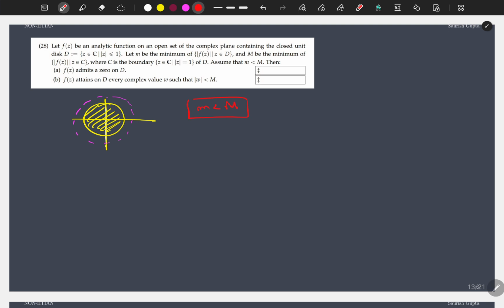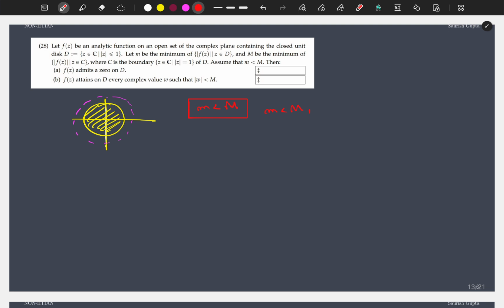Okay, now observe that if small m is strictly less than capital M, what can we conclude? Doesn't that mean that the function is a non-constant function, which is the reason why small m is less than capital M, and the fact that the minimum is not attained on the boundary of the unit disk, but it's contained somewhere inside.